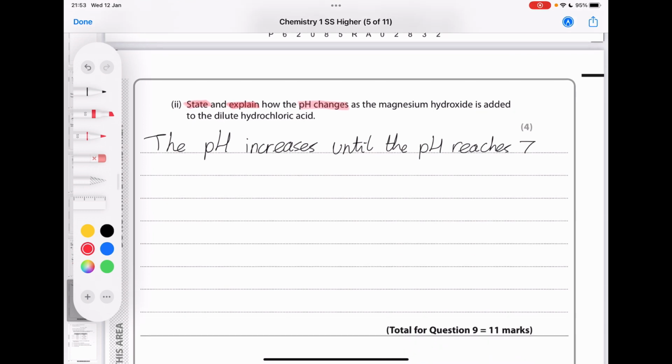Right, the reason why this happens, the explain bit, is trickier. What happens is the hydrogen or H plus ions react with the magnesium hydroxide.